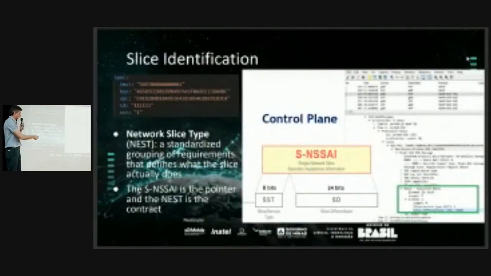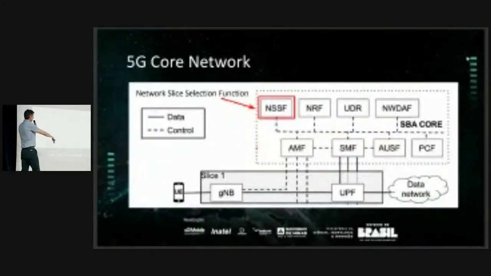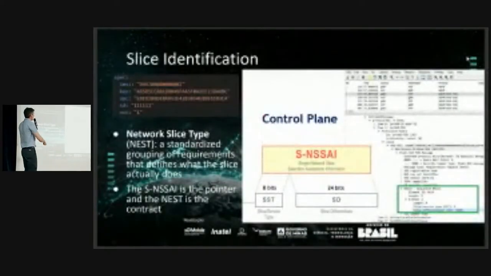And this functionality has information about the Single Network Slice Selection Assistance Information, the identification of one slice. For example, in this ID, we have two parts.